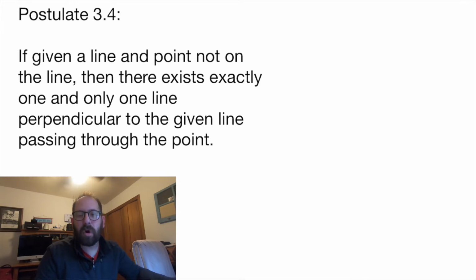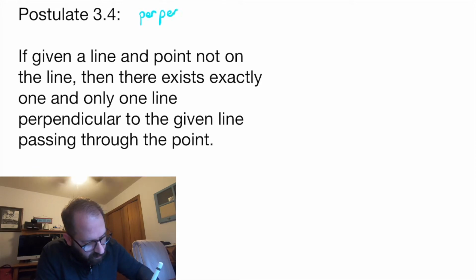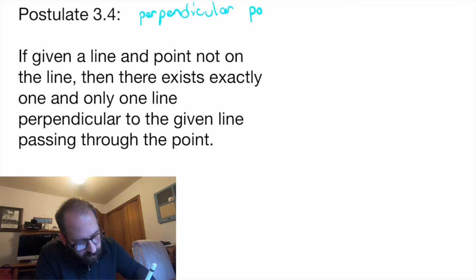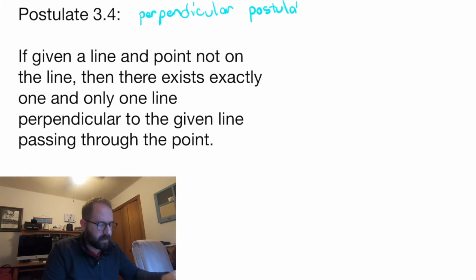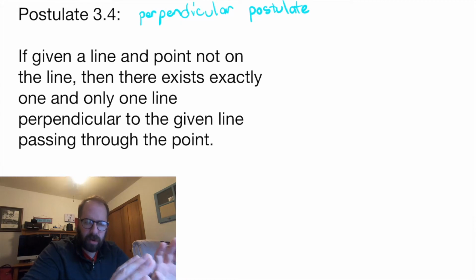It is called the perpendicular postulate. In fact, I'm going to write that down. Perpendicular postulate. Okay, so given a line and a point not on the line, there exists exactly one and only one line that is perfectly perpendicular.